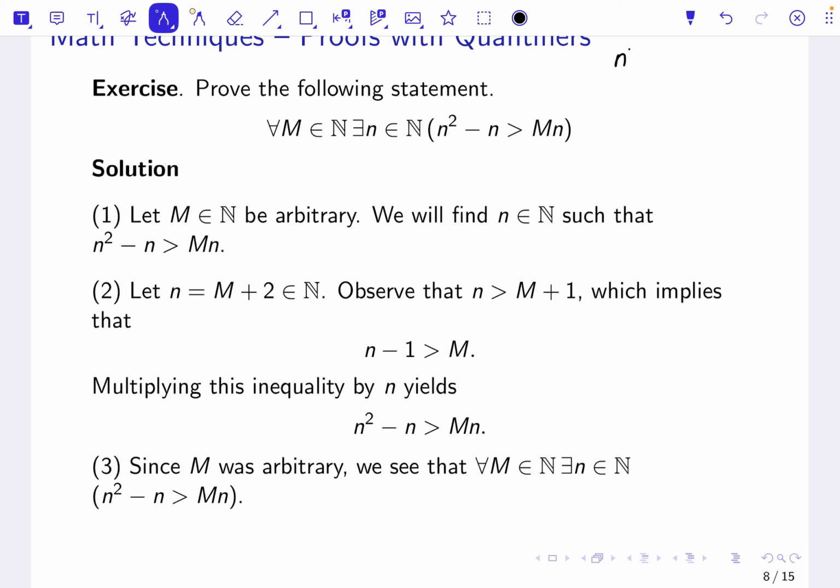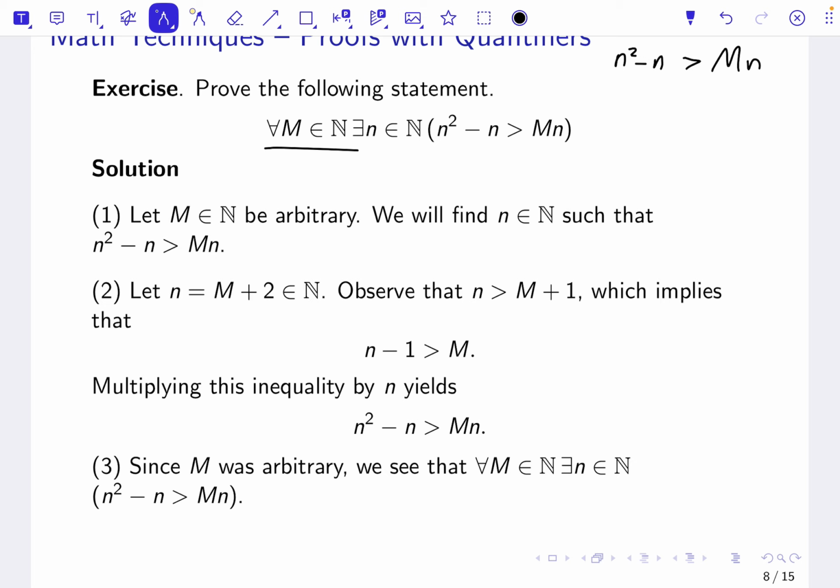So let's start with this. Because of the quantifiers and how they're ordered, I know that m is going to be chosen arbitrarily.